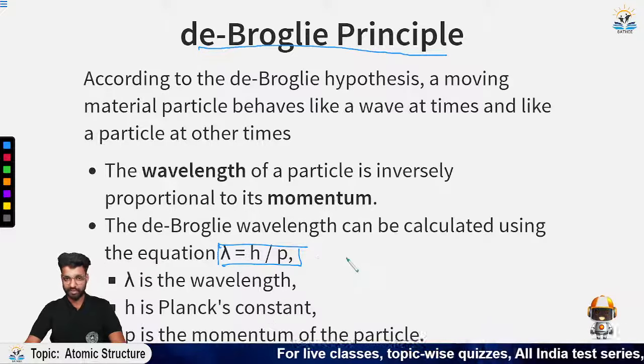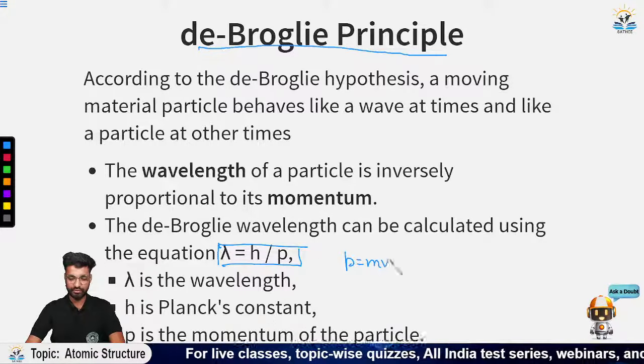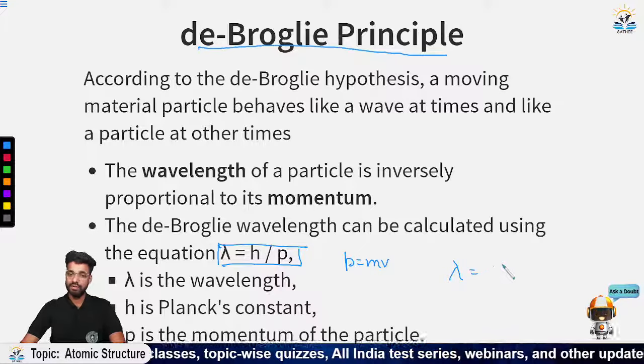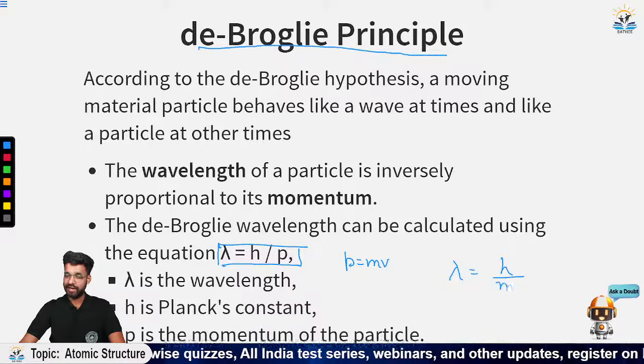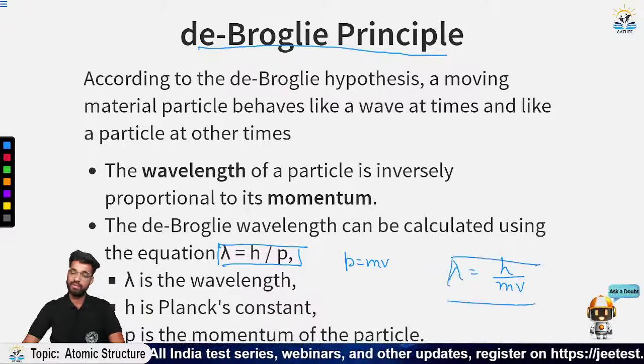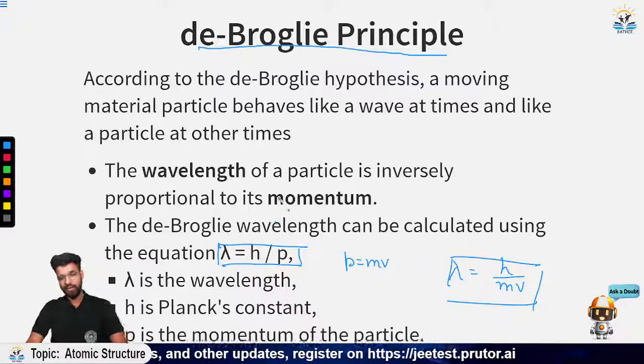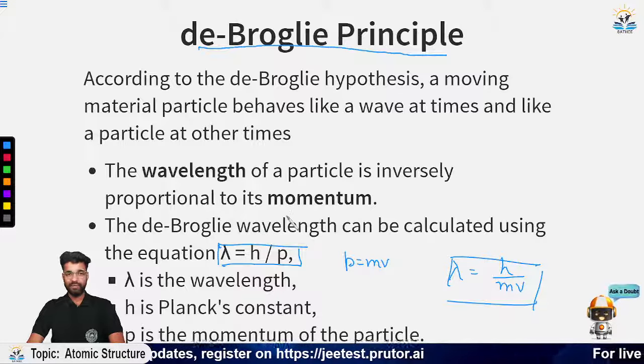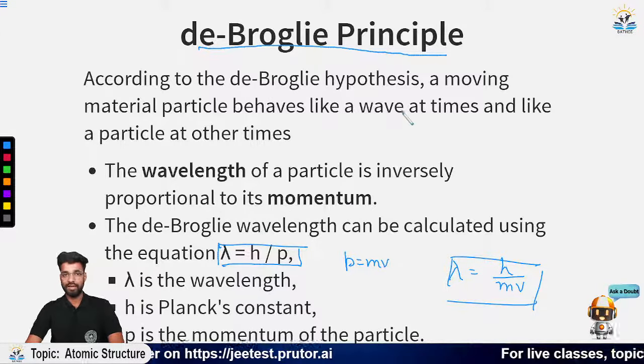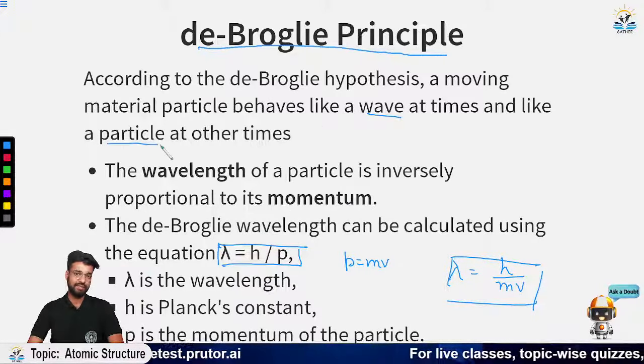Momentum p is equal to mv, so you can expand the formula as lambda is equal to h by mv. It was written keeping in mind that a wave has both wave nature and particle nature.